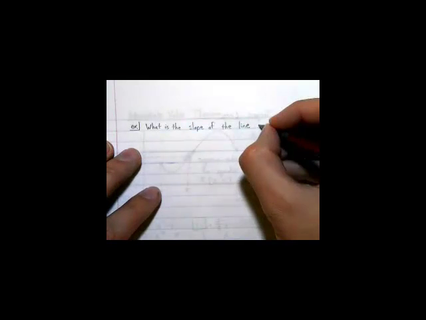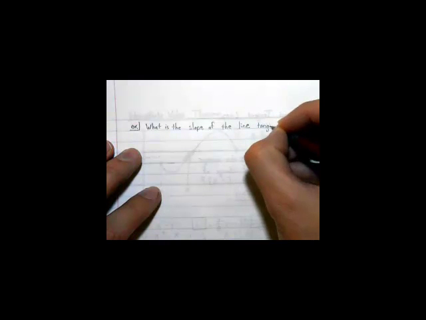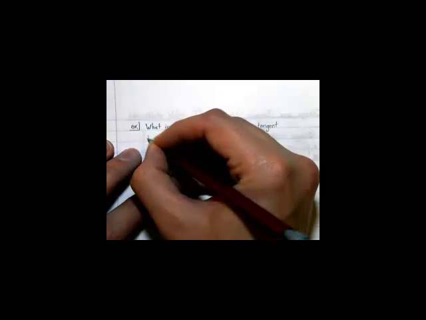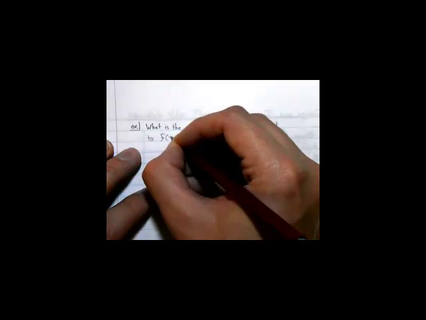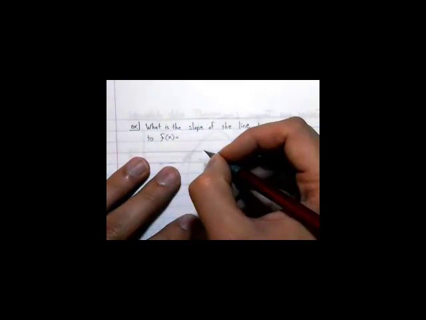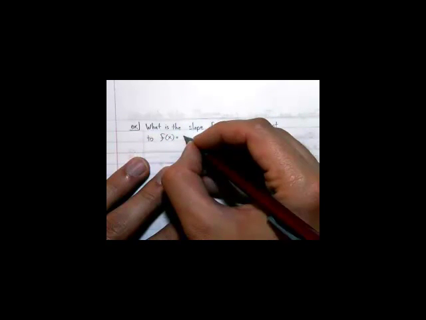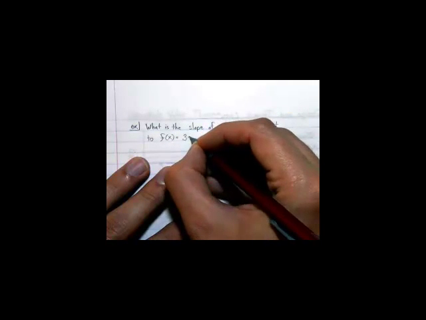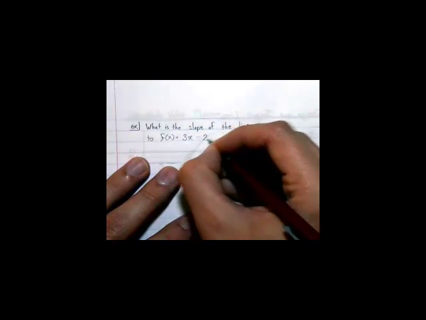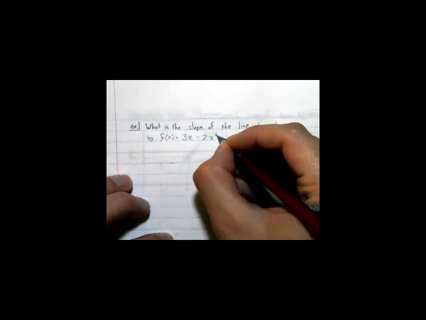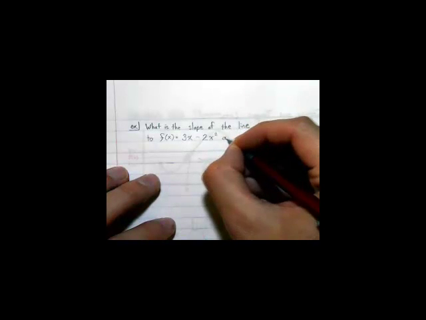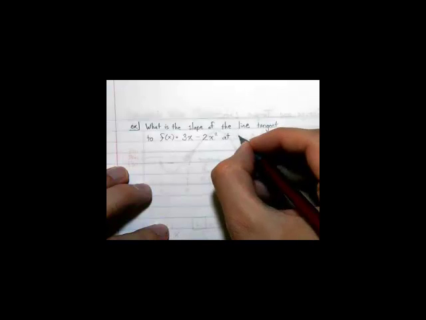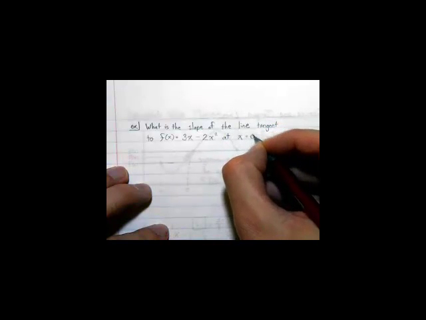All right, so let's see if we can do this. What is the slope of the line tangent to f of x equals 3x minus 2x squared at, let's do x equals 0?